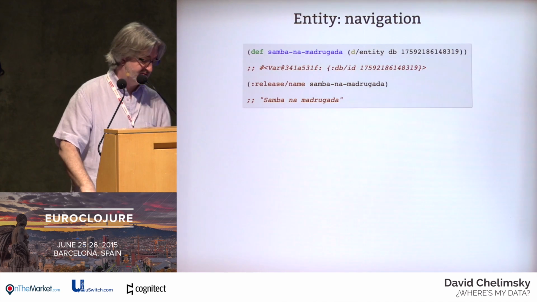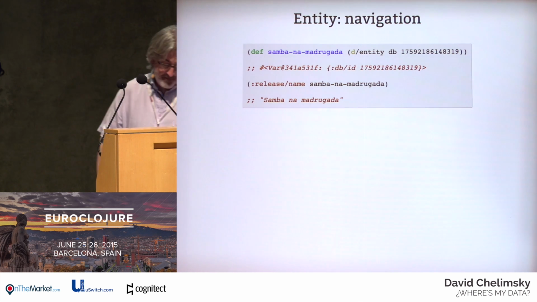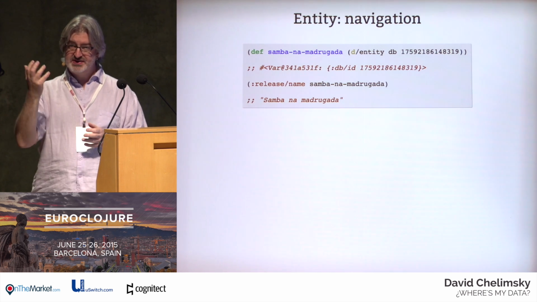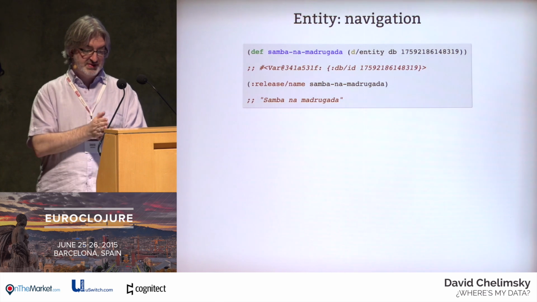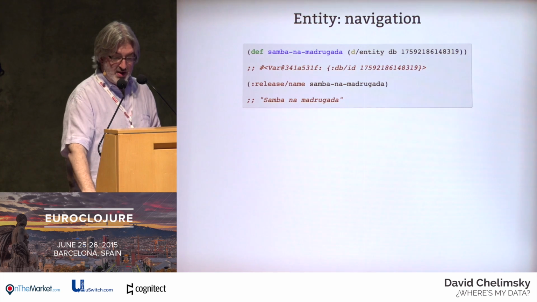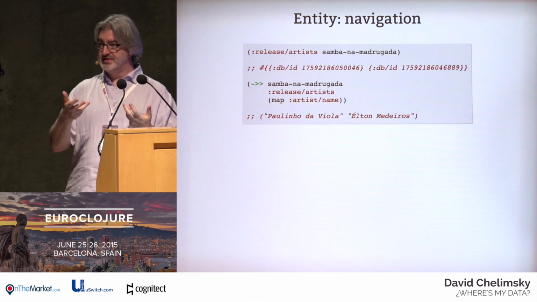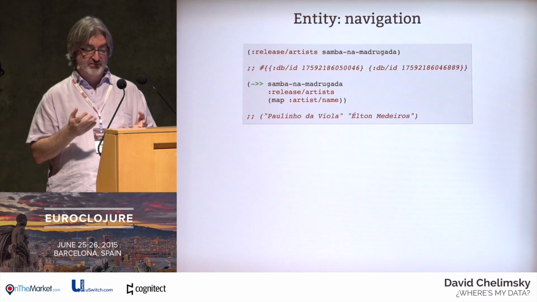In terms of navigation, remember, we don't have a Clojure map in hand, we have this entity map. And so we can def it to a var in this example and ask for its name. We can also ask it for other entities that are associated with it. So in this case, we're asking for all of its releases.